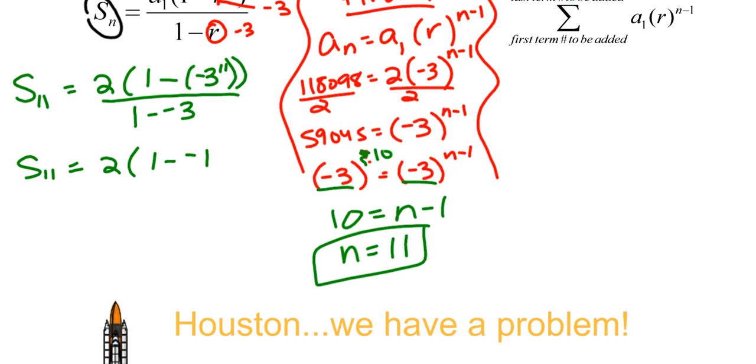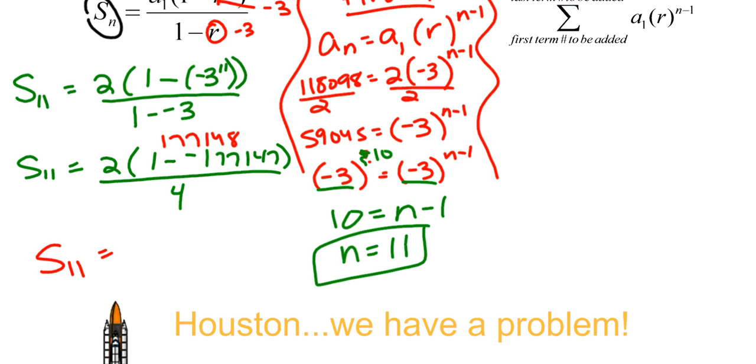That's -177,147. And then divided by 1 minus -3, which is 4. So now, on my calculator I'm going to take 1 minus a negative 177,147, and when I do that, I'll end up adding, right? So it's really 177,148. I'm going to take that times 2, and I'm going to divide by 4.